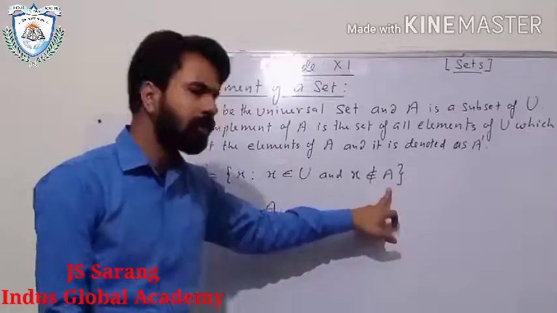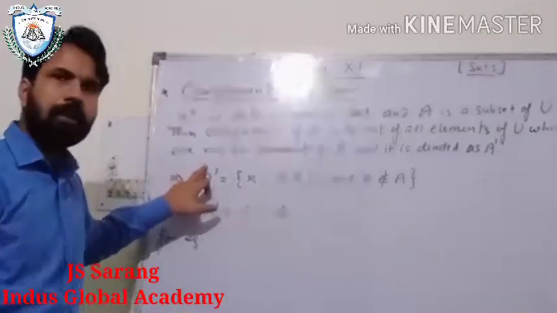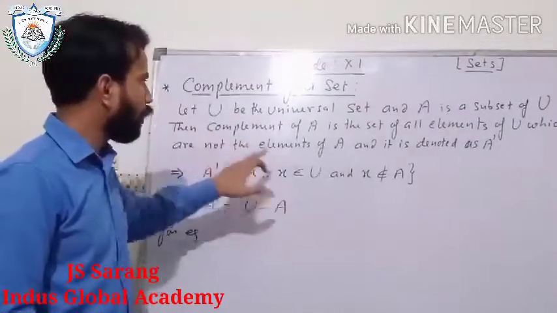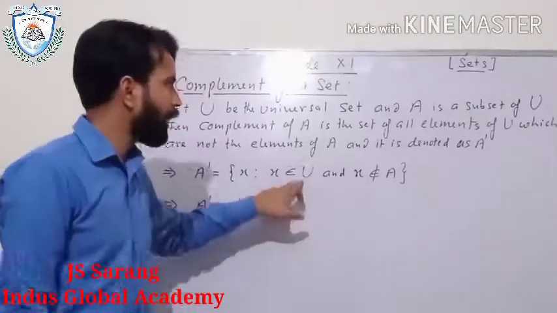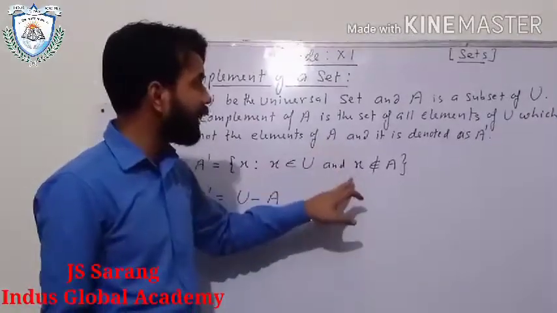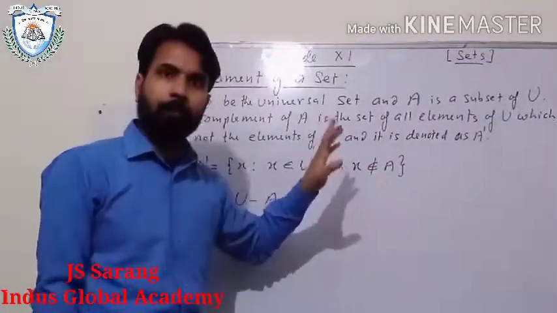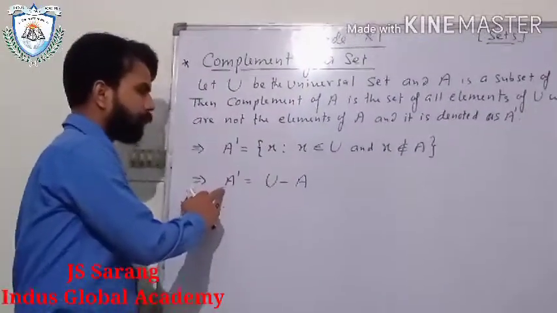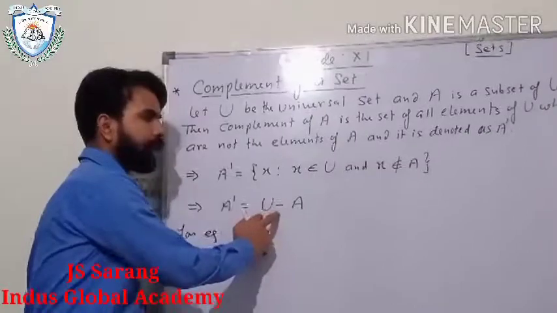What is the meaning of this? The complement of a set is the set of all the elements of the universal set which are not the elements of A. Mathematically, we can represent it as A complement equals U minus A.